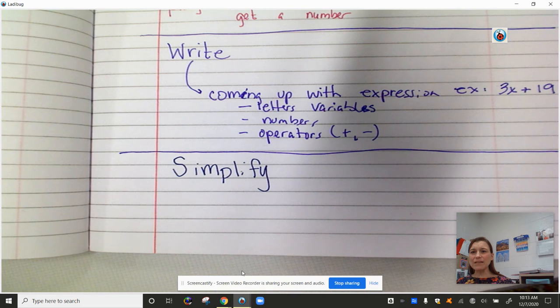It would be like the difference between someone saying, here's your laundry, and giving you a basket full of clothes that were all mixed together, or somebody handing you your laundry and it's already folded and sorted. All the shirts are in one pile and all the pants are in another pile. So simplifying is taking something that's the same value, but making it simpler, more compact so that it's easier to work with. So that's what simplify means.